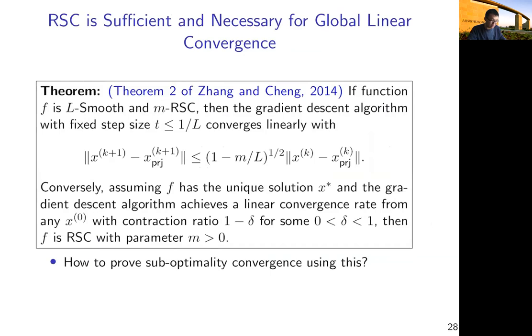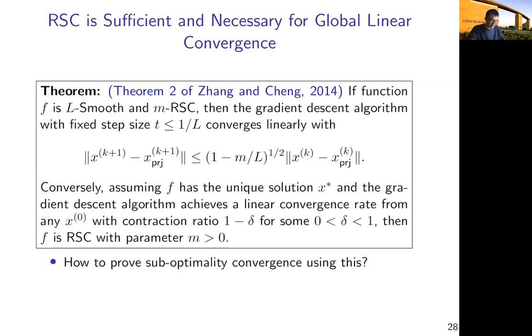It says that for any function that's L-smooth and M-RSC, you can establish convergence from your initialization to the optimal solution by this iterative shrinkage. In every iteration, you get a factor of 1 minus M over L closer to at least one of the optimal solutions.